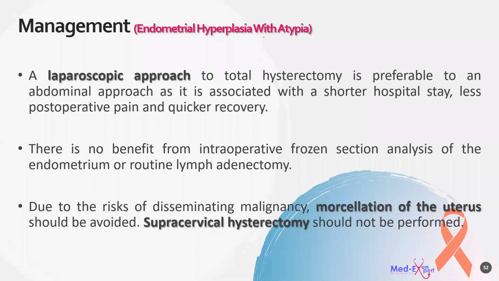Of course, we need to remove the uterus through the vagina, okay? Sometimes the uterine size is large, so we need to cut the uterus into pieces. This is morcellation, to be easily delivered through the vagina. It should be avoided in such cases to avoid the risk of disseminating malignant cells, okay?